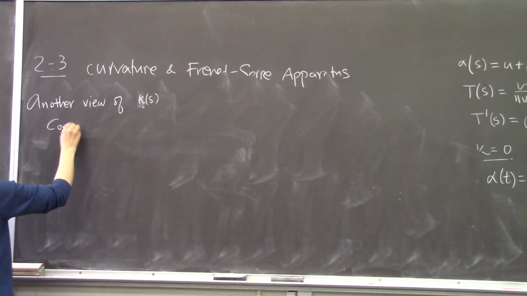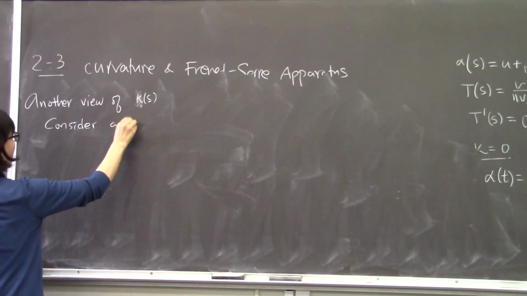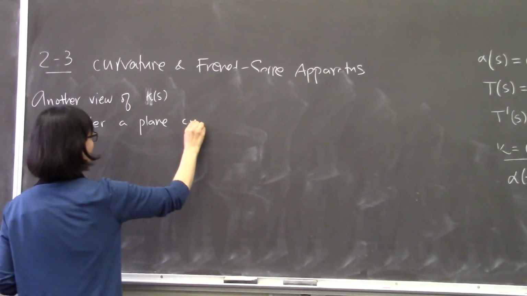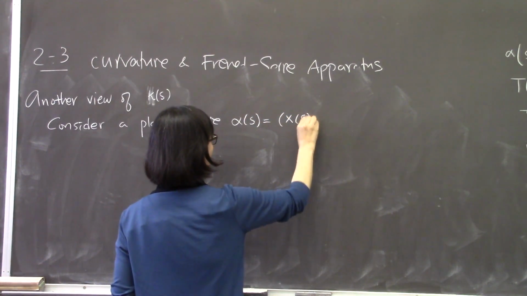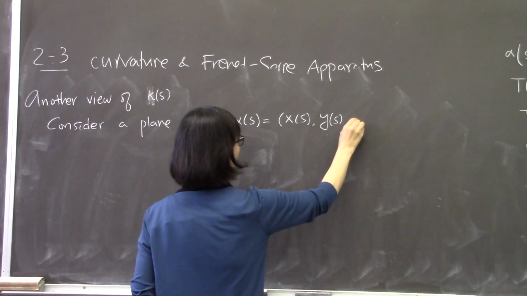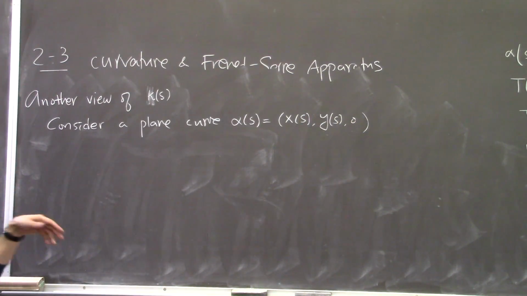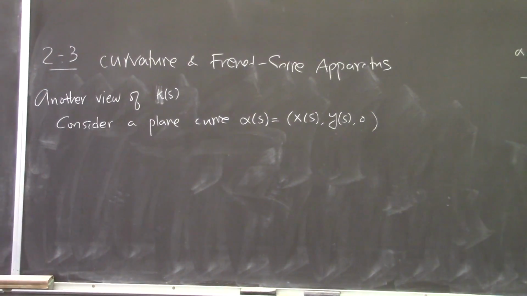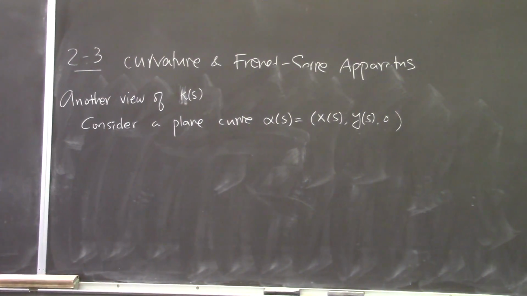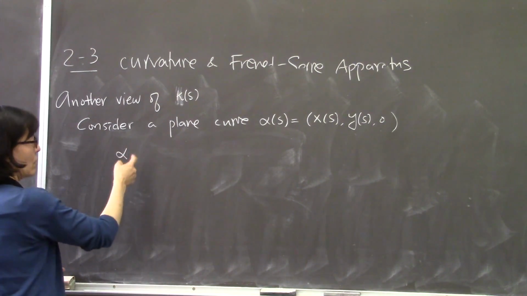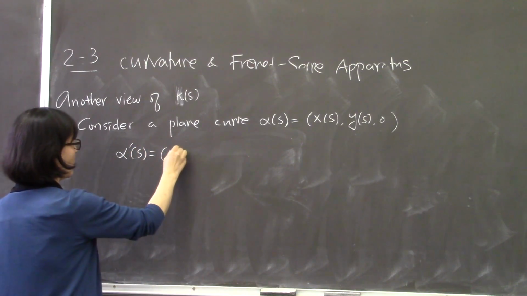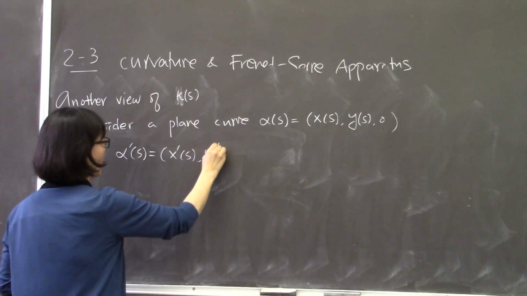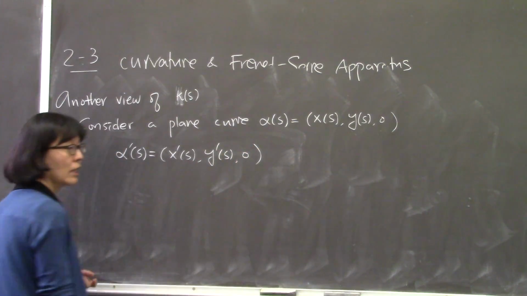We consider a plane curve lying on the xy plane, and it is arc length parameterized. So alpha prime s is x prime s derivative.